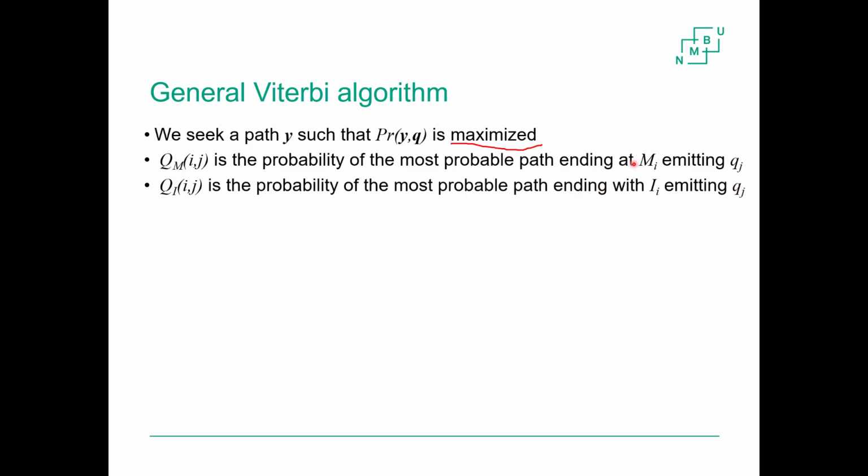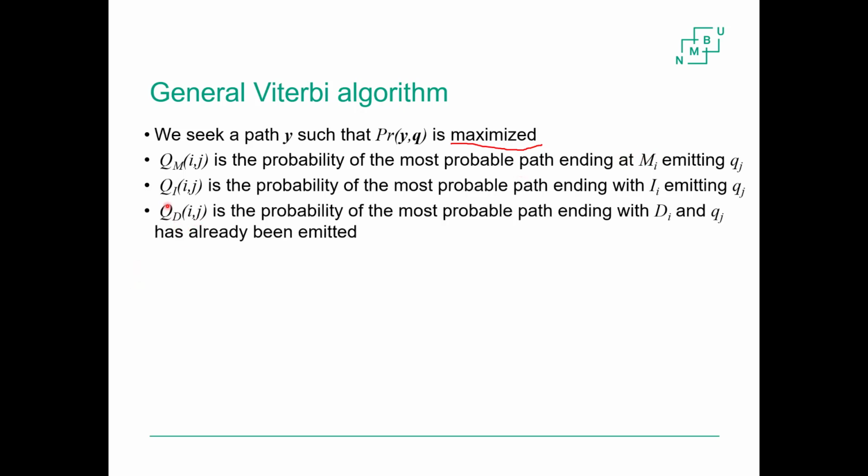So that's the only difference, right? It ends in an insert instead of ending in a match state. And then you have the third matrix, QD, of exactly the same size again. And this again, the number in row I, column J, is the probability of the most probable path ending in delete state number I.